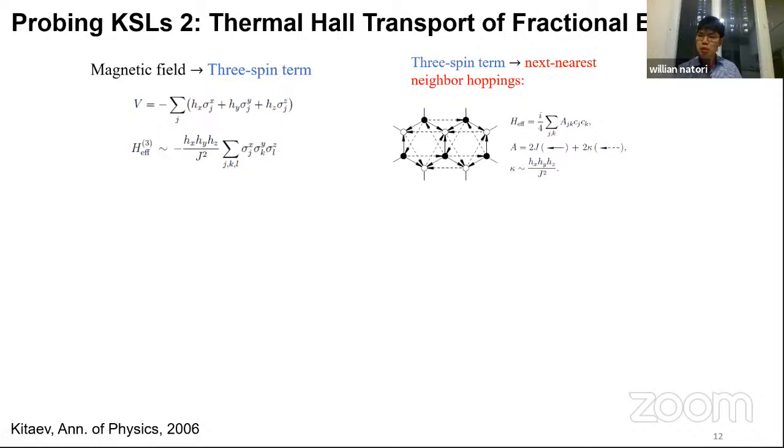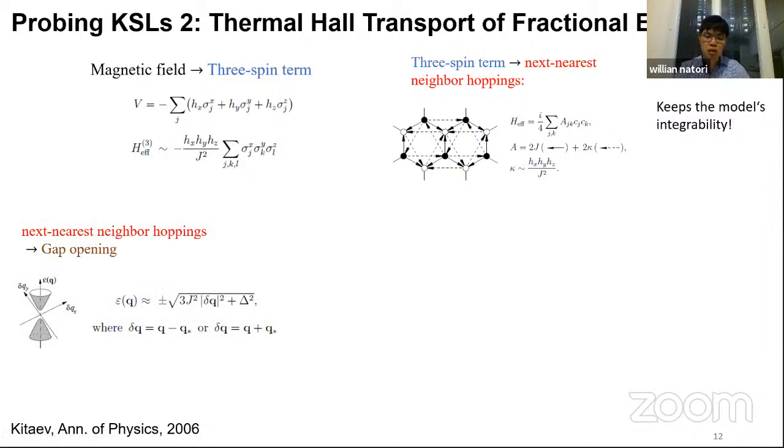And this three-spin term does not break the integrability of the model and also corresponds to a hopping between second nearest neighbors with this certain pattern here. So that's very close to this Haldane model.